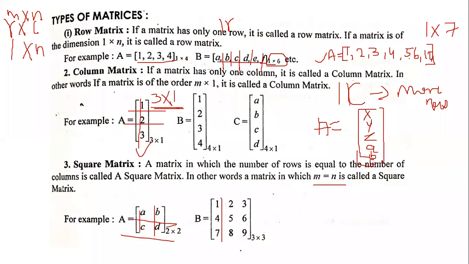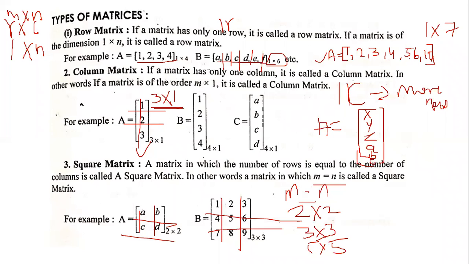You have 3 rows, you have 3 columns. So here the number of rows is equal to the number of columns, and therefore you will have a 2 by 2 matrix, 3 by 3 matrix, 5 by 5 matrix.